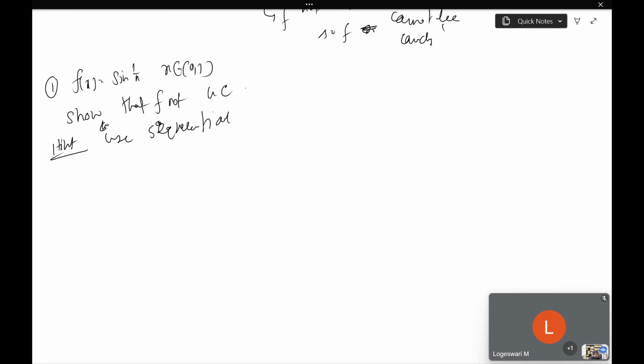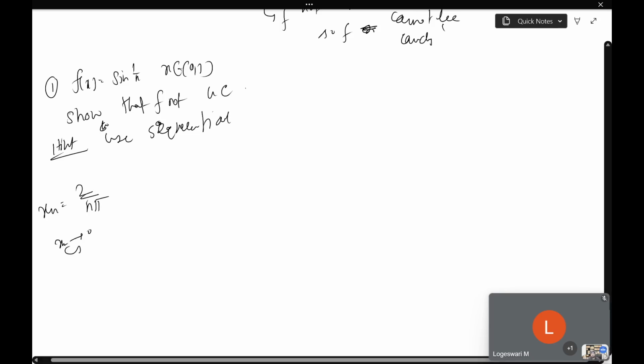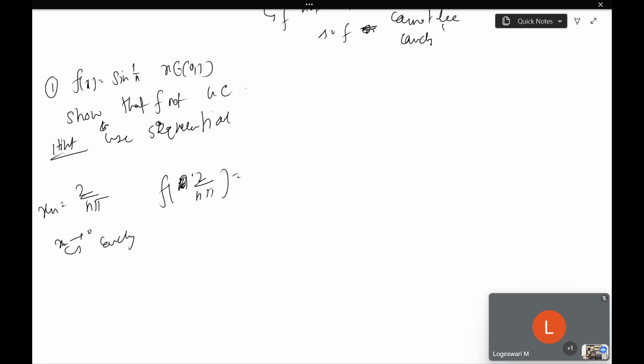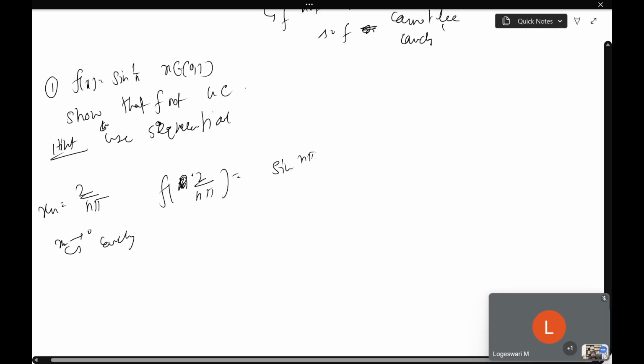So f(x) equals sin(1/x), x in the open interval (0,1). We need to check that f is not uniformly continuous. So take xn equal to 2/(n pi), and obviously xn goes to 0, so xn is Cauchy. Now f(xn) is sin(n pi/2), what is the sequence?